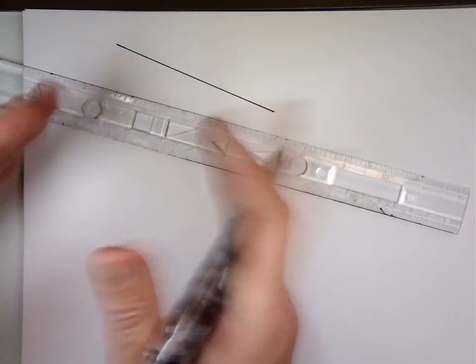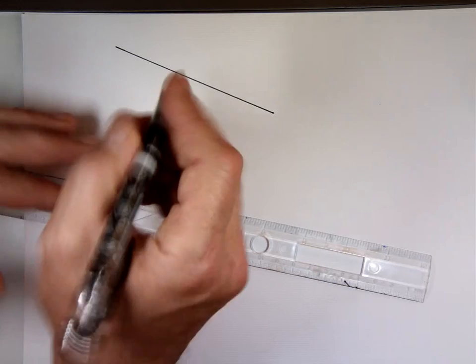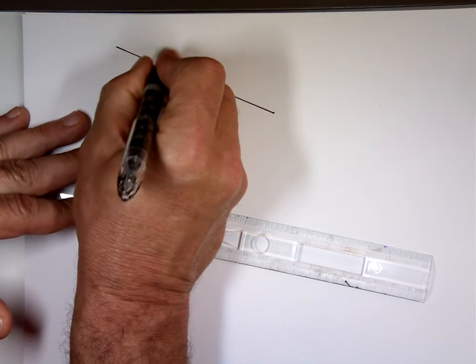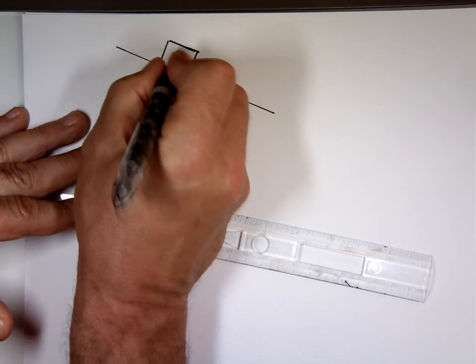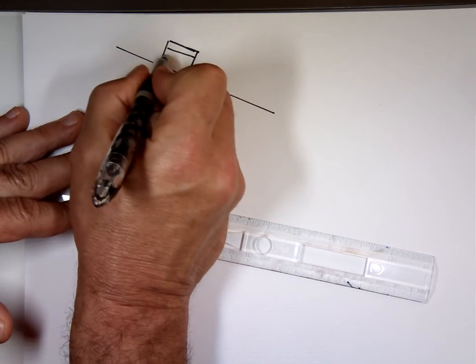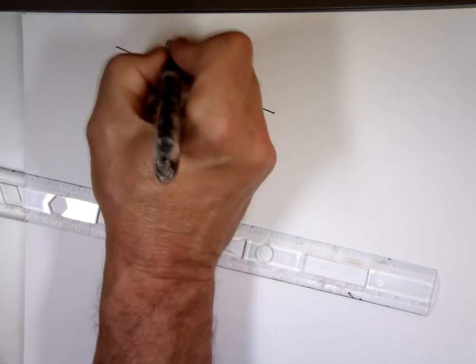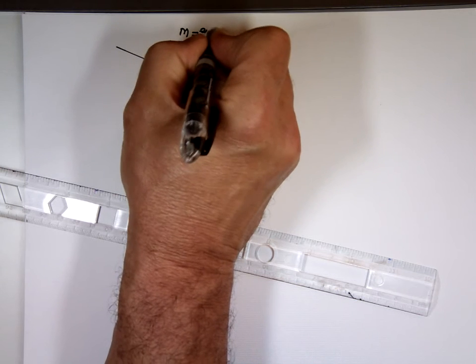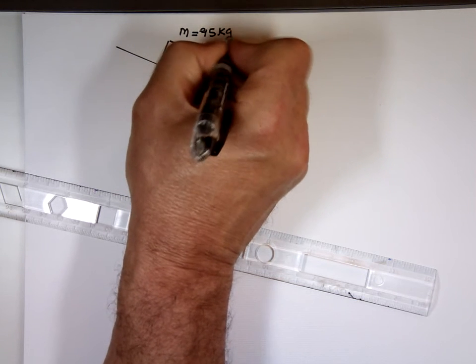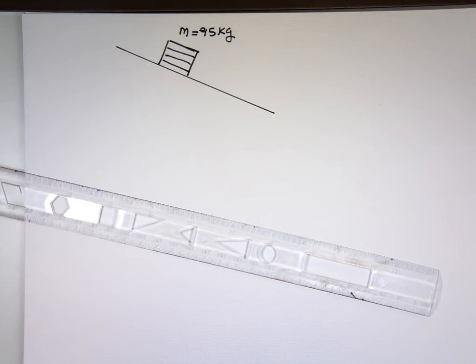I have a box, a piece of furniture, could be a nightstand, a big piece, a 4 drawer dresser. And you want to move it, it's a big box. It has a mass equals 95 kilograms, which is 220 pounds.